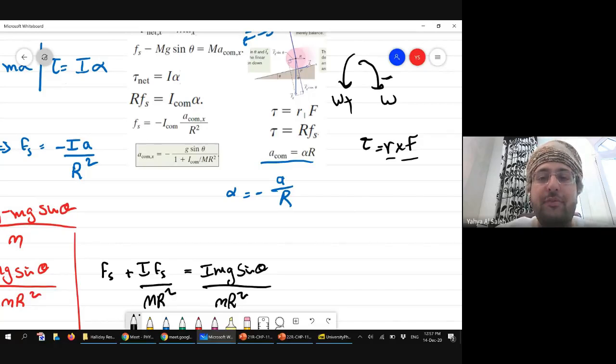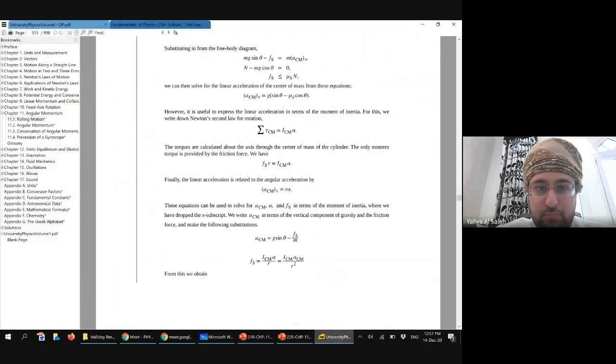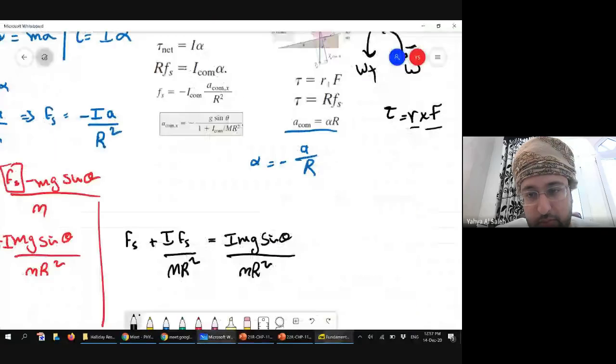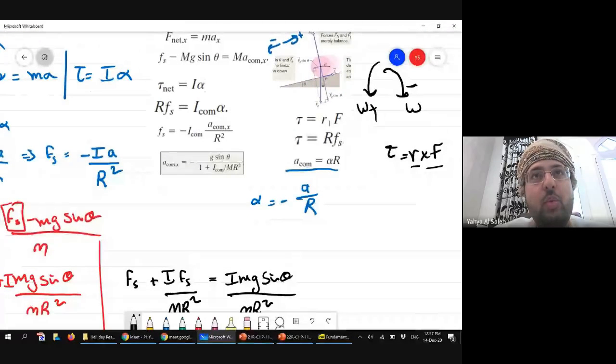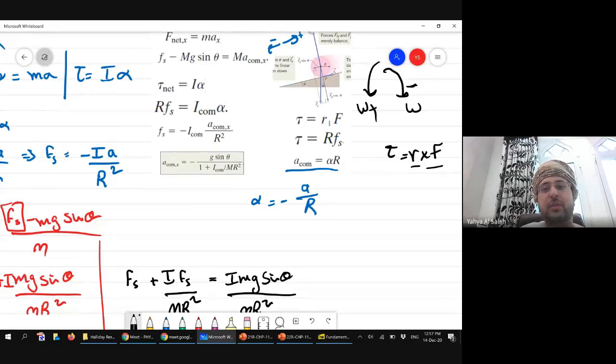Okay, so we don't know if the torque is positive or negative yet. Actually, if you want to even be more pedantic about it, since it's rotating this way, without calculations, you can say it's positive.